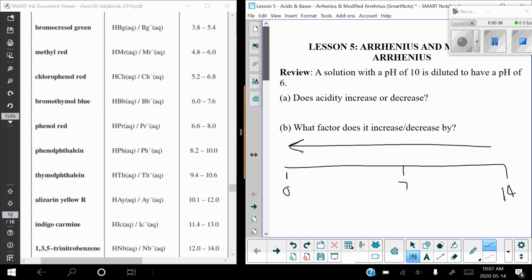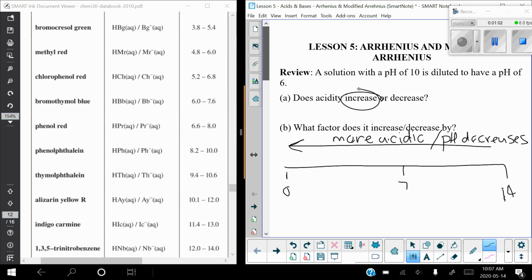So more acidic, pH decreases. So in this case, acidity is actually increasing.